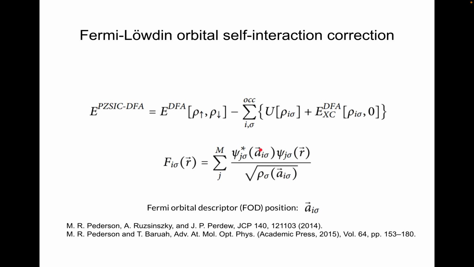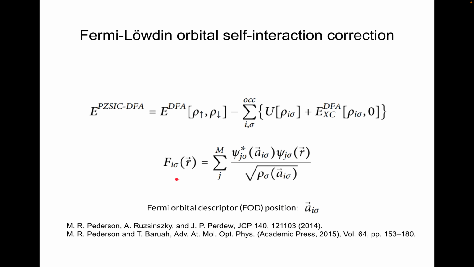Here, the so-called Fermi orbital descriptor position a_i is used to transform the Kohn-Sham orbital to the Fermi orbital. This a_i is called FOD for short.